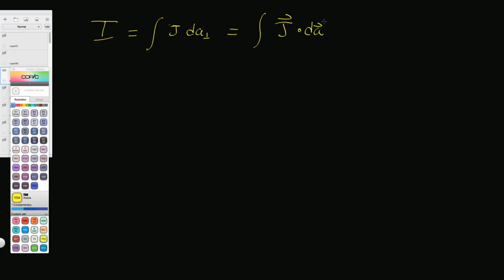Well, I hope that looks familiar, because I can immediately use the divergence theorem and change this to an integral over volume of the divergence of J d tau. Now, whatever flows out of the surface, right?